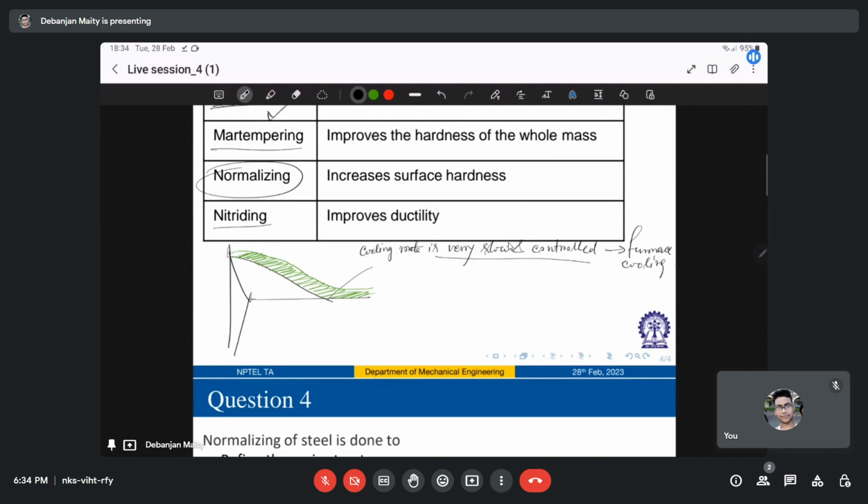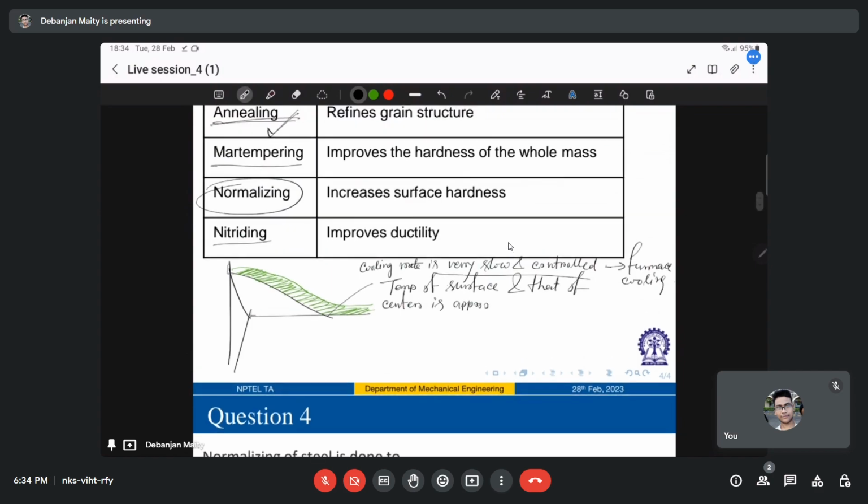So basically the temperature of the surface and that of the center of the workpiece is approximately the same.